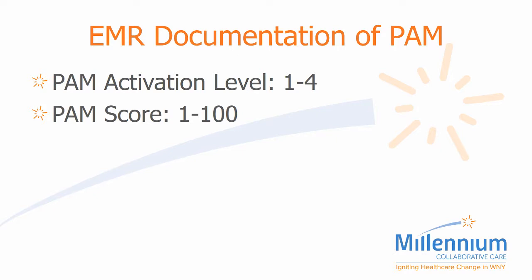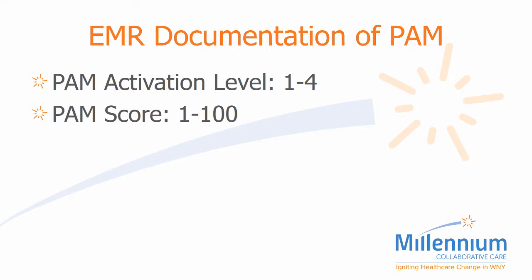So if you have a person who is a 1 and their activation score is a 25, we expect that because of the actual intentional care to counsel that individual and work with that individual at their score or activation level will change their score over time, not necessarily their activation level.